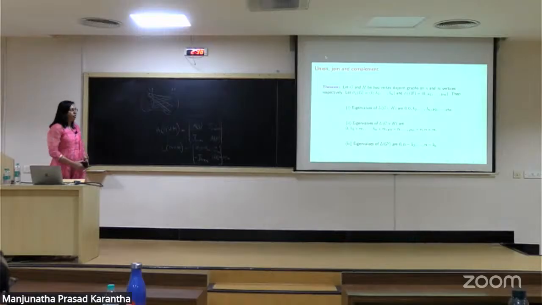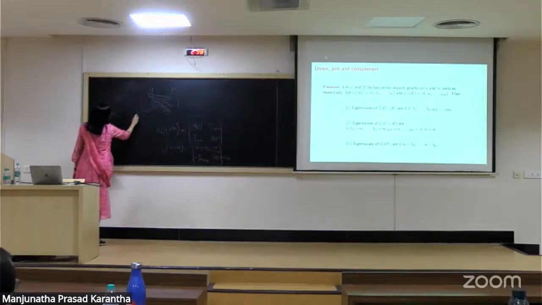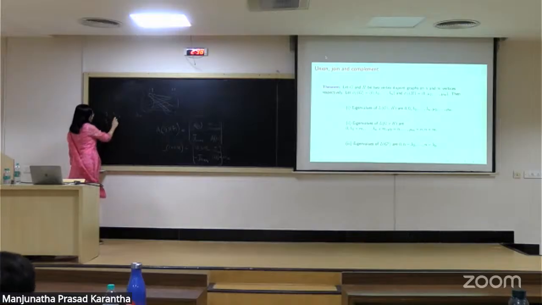So let us take all the eigenvalues and eigenvectors, because in the last class I told you we were using eigenvectors. So I have taken the eigenvalues: lambda 1 is 0 and then lambda 2 to lambda n. Let us take the vectors also. Here you have the all-one vector that corresponds to the 0 eigenvalue, and its size is n, and then here you will have one eigenvector each.